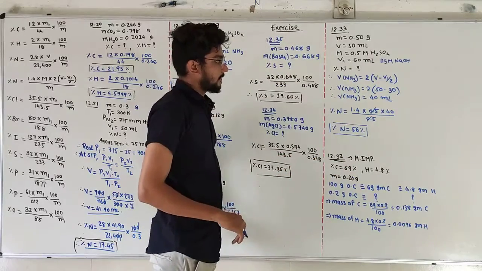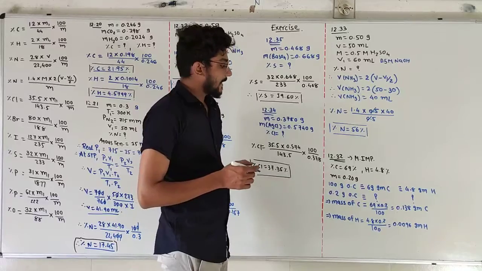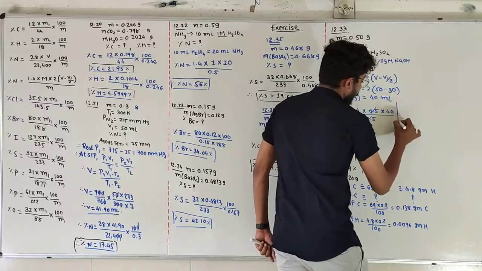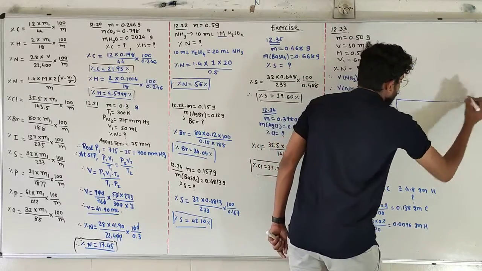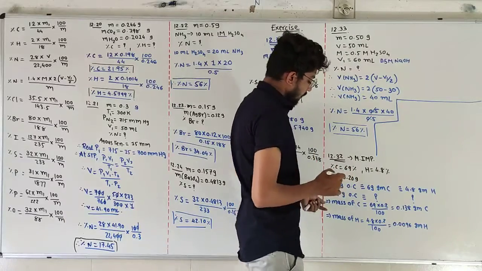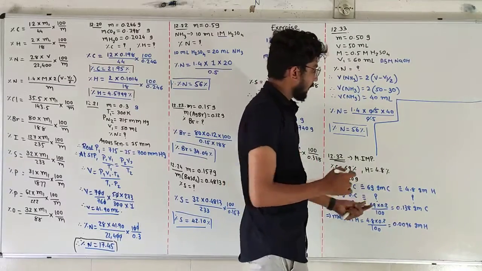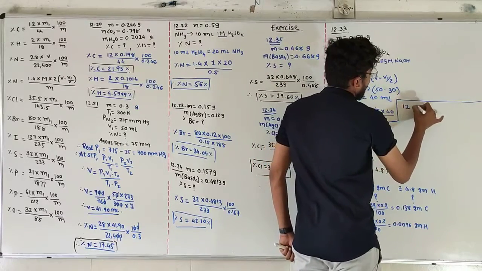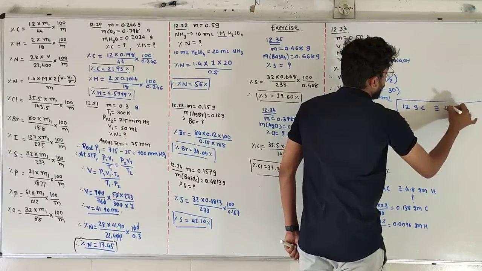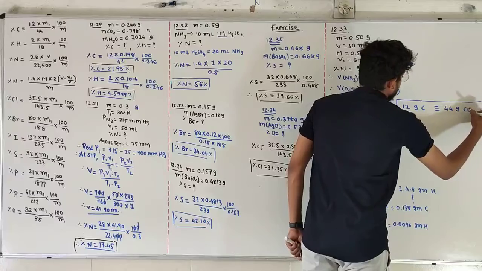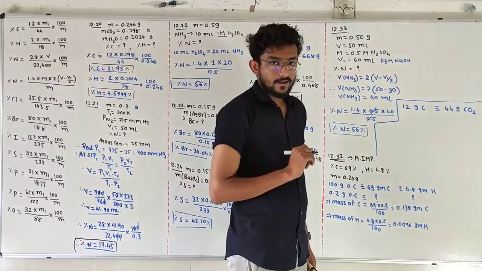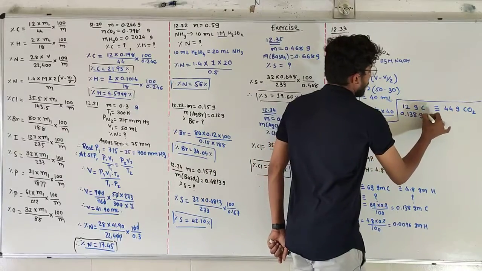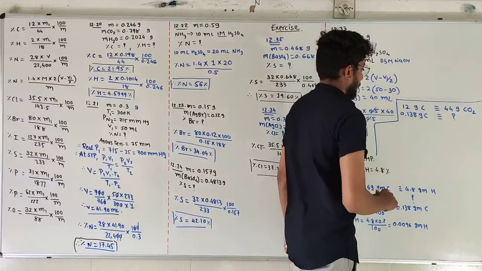Now we have to calculate the amount of carbon dioxide and the amount of water. So amount of carbon dioxide. If 12 gram carbon can form 44 gram carbon dioxide, 1 mole value, but what amount of carbon do you have? 0.138 gram of carbon is there, then how much carbon dioxide will be there?